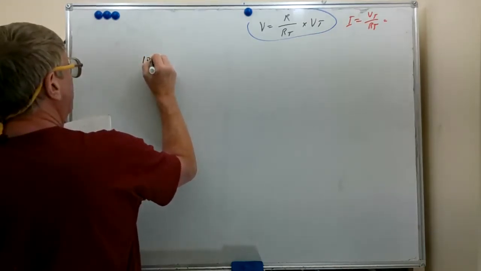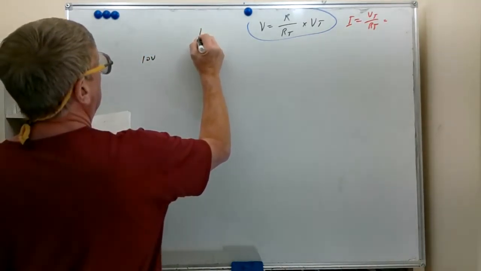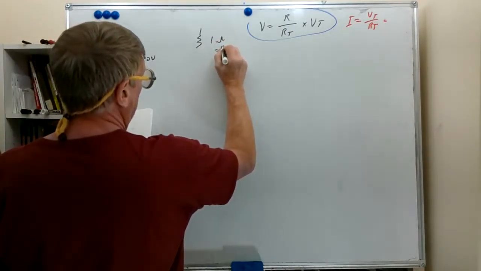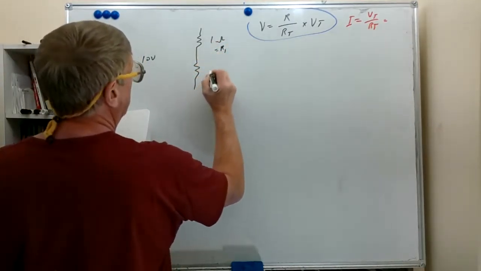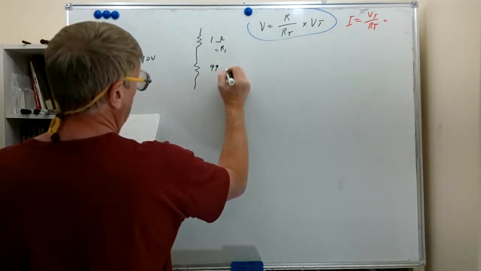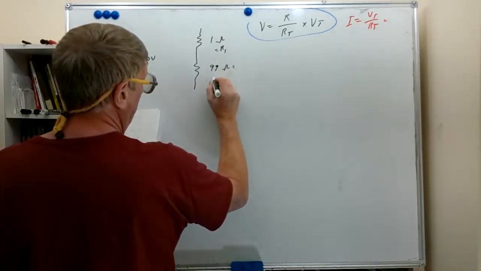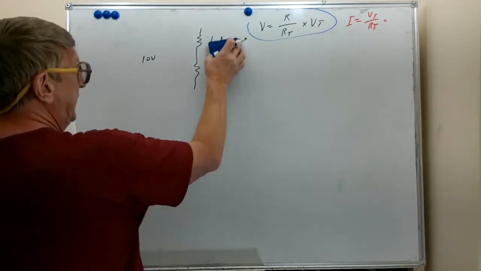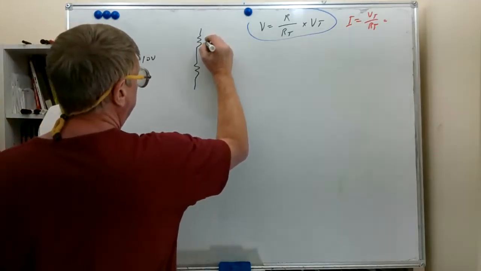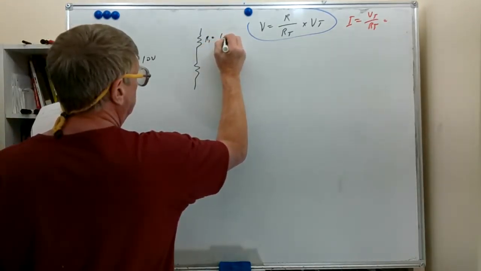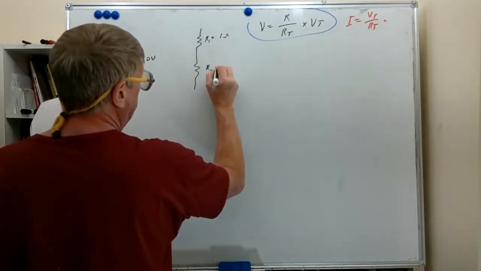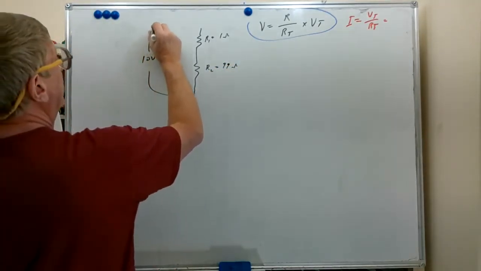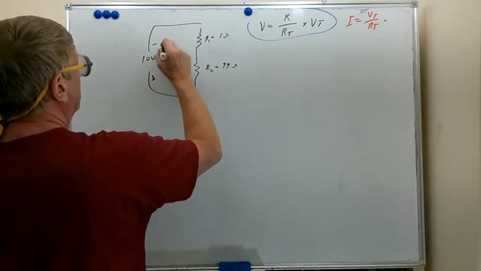We'll use 10 volts, and we're going to put 1 ohm here. 1 ohm equals R1. 99 ohms equals R2. R1 equals 1 ohm. R2 equals 99 ohms. And we're going to put some polarities on this, minus, plus.